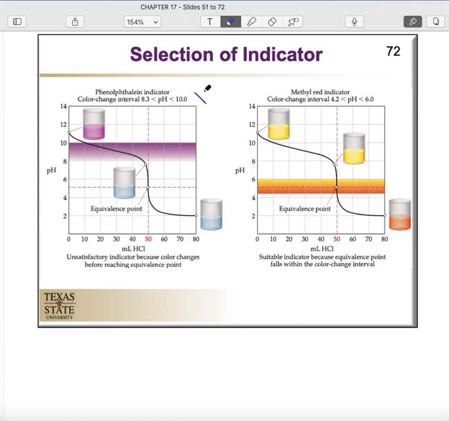Phenolphthalein is not going to be the choice because it would become clear very early in my titration, and it would not tell me when we have reached the equivalence point at all. On the other hand, methyl red would work really well because its color change overlaps with the pH at the equivalence point of our titration. So this one would have been the right choice for this particular titration.